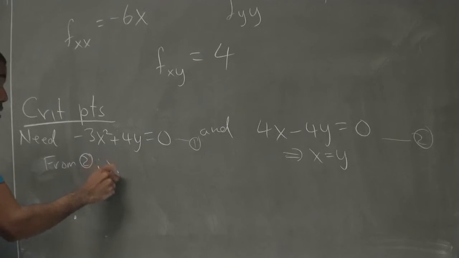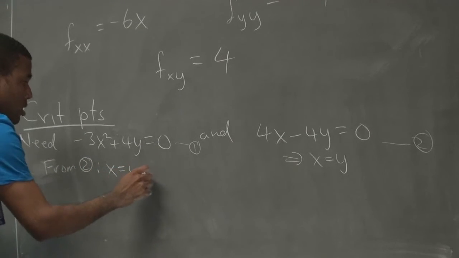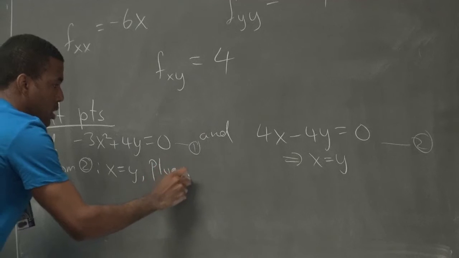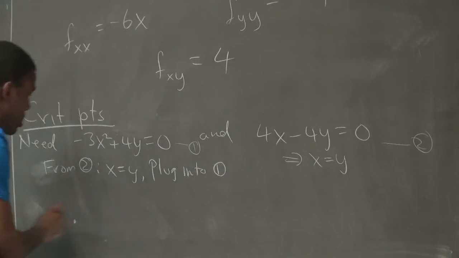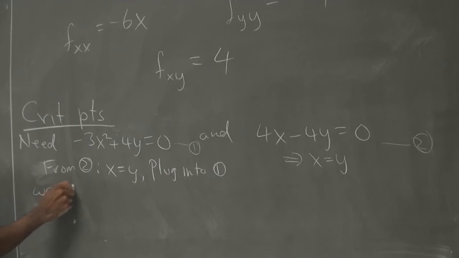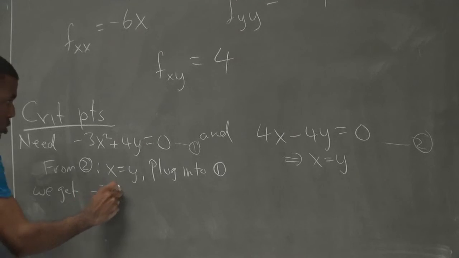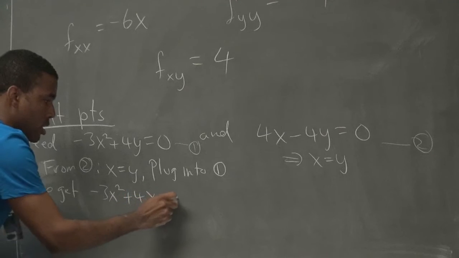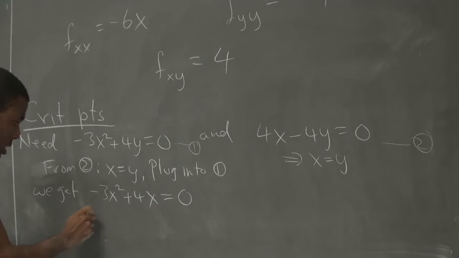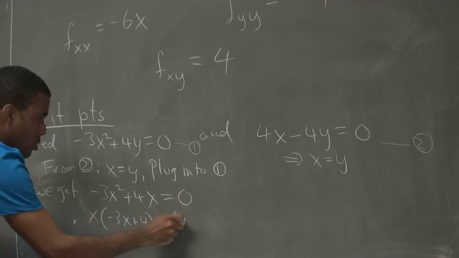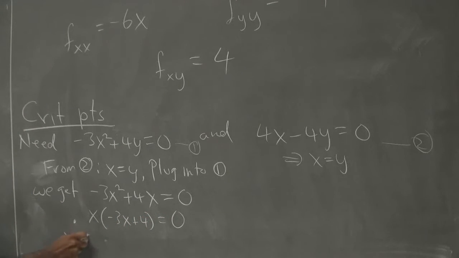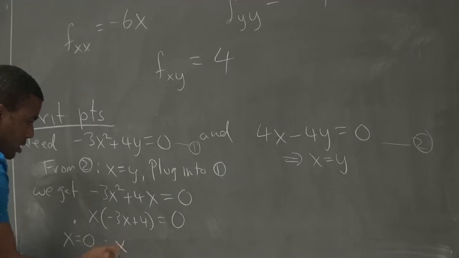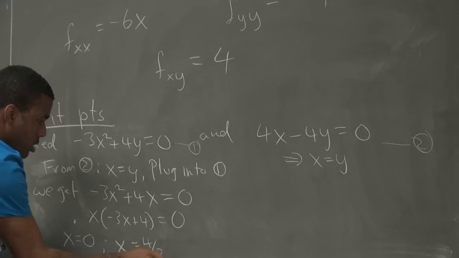From 2, x equals y. Plug into 1, we get minus 3x squared plus 4x, because x is equal to y, equal to 0. I can factor out the x, and get x times minus 3x plus 4 equal to 0. So x is either 0 or 4 over 3.